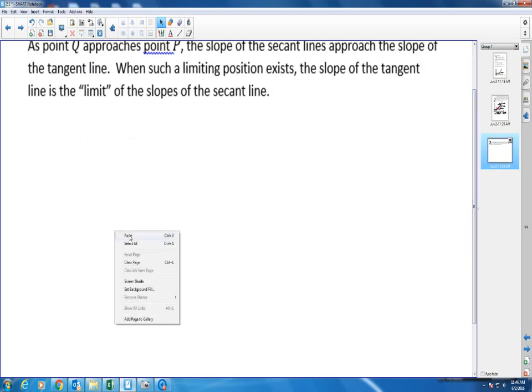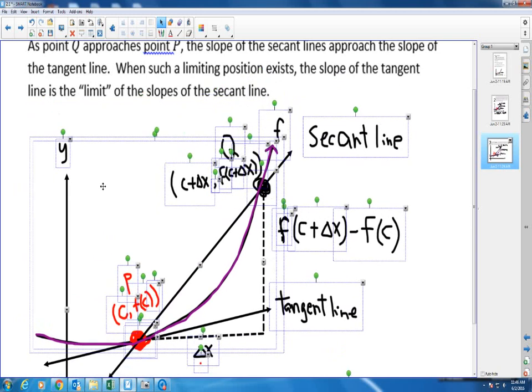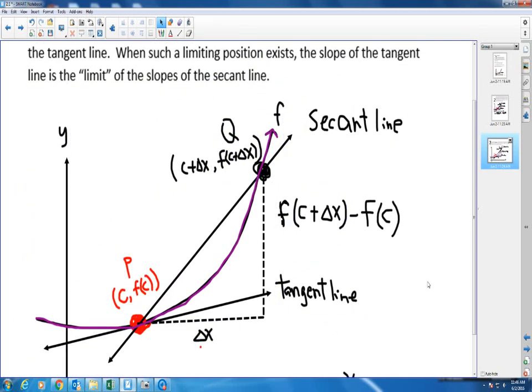What that means is, if you look at the graph, this point Q can start going towards the point P, the red point. There are an infinite number of points on this curve right here.